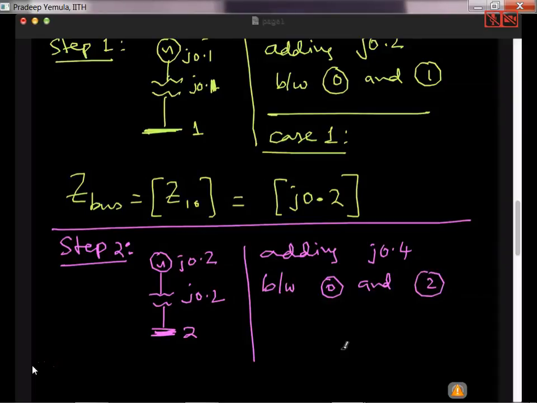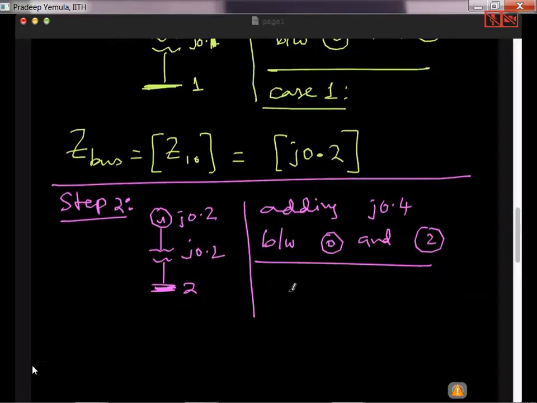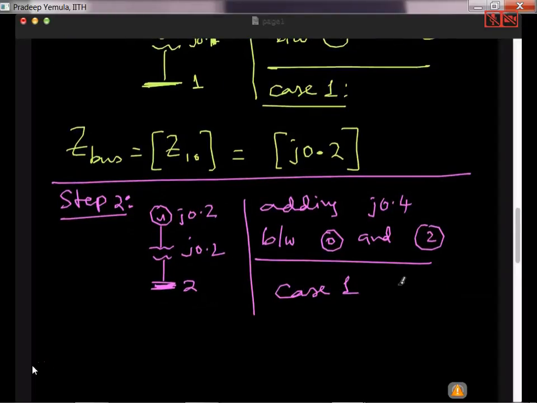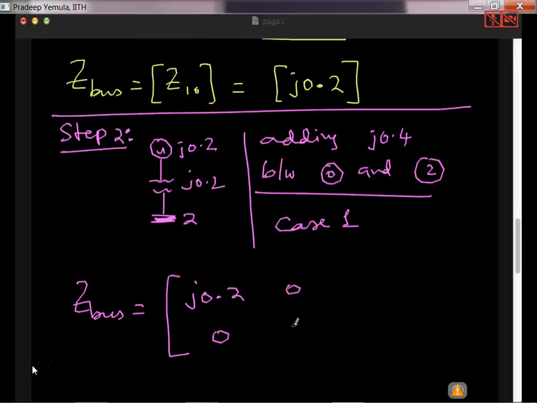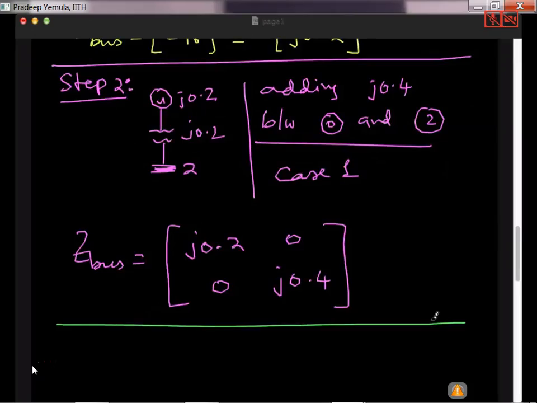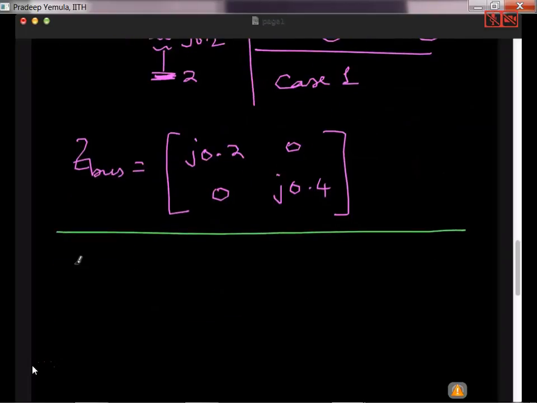They are two completely separate networks. So again you get case 1 and therefore you get Z bus. So the size will increase because there are two buses. So the earlier Z bus will be like this, 0, 0 will be added and then J0.4 will be the new Z bus. So this is step 2. Now let's continue step 3.